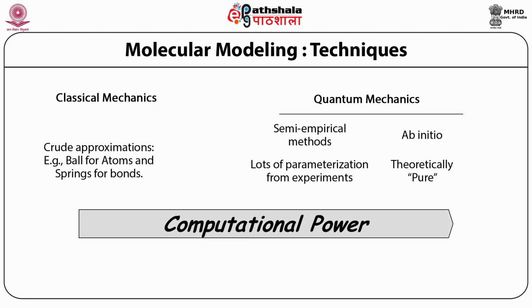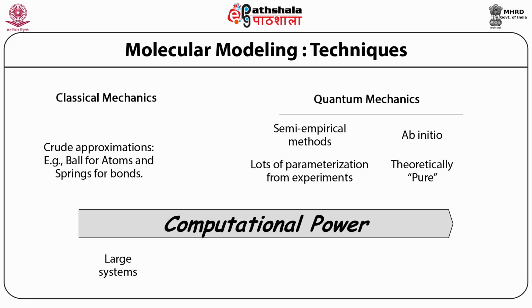The classical methods are rather crude, but they operate for very large systems, for your proteins, your nucleic acids, with hundreds or thousands of atoms. You can apply the classical mechanics methods. The quantum methods, by their very nature, require a lot of computational power to do any calculations.